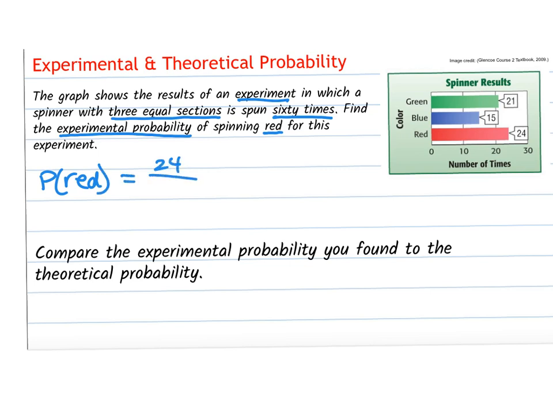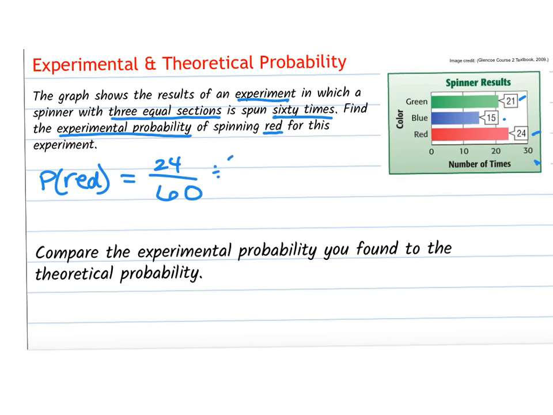Well, to figure out what the total is, just 30? No, we'd have to add up all the total outcomes. So we would add 21 and 24 is 45 plus 15, so that's a total of 60. So it actually happened 24 out of the 60 times.